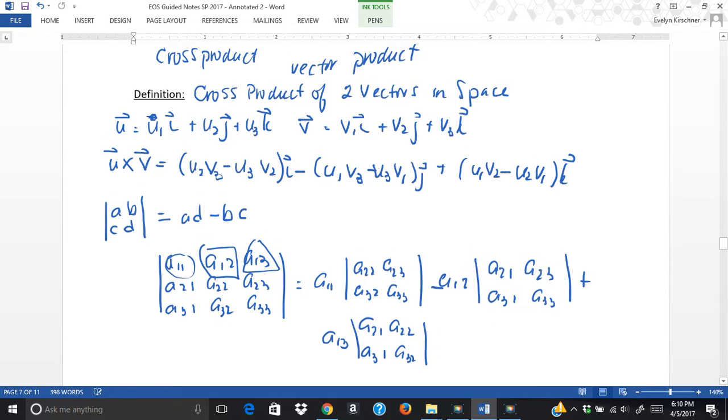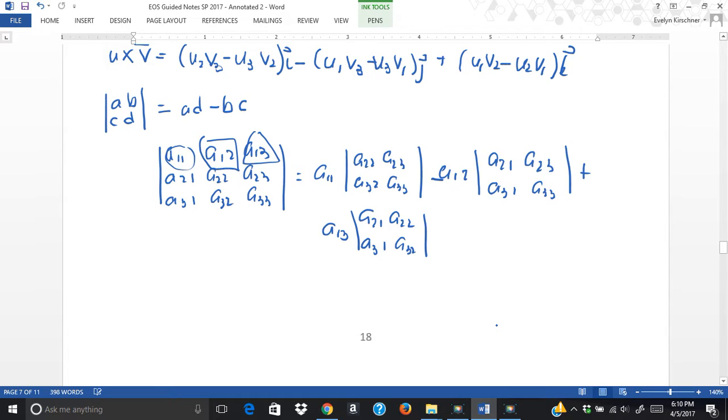And so the cross product is very similar. The only difference is I have u cross v, the cross product, and what that equals is I put i, j, and k in the first row, then u1, u2, u3, and v1, v2, v3.